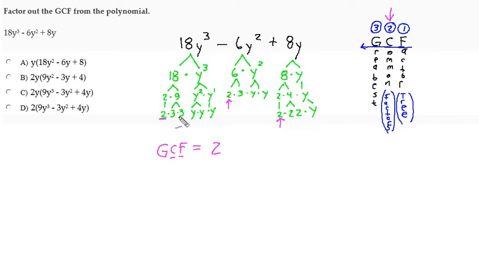We move on to y's, the next different kind of factor, and I do see them involved in the factor trees of each of the 3 terms. Y is in the first tree, the second tree, and the third tree. For all that match, we list y as a common factor. There are no other common factors that I can identify in this polynomial.